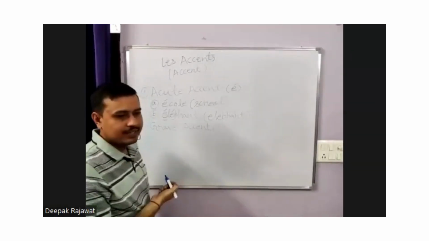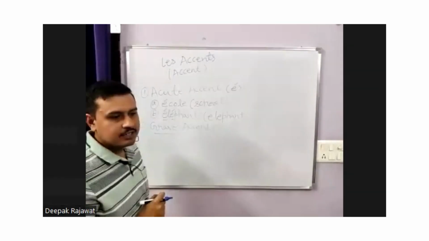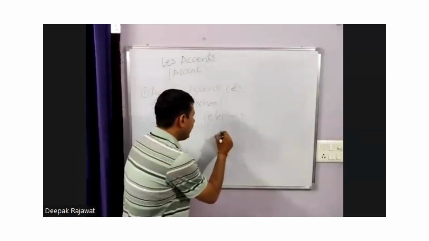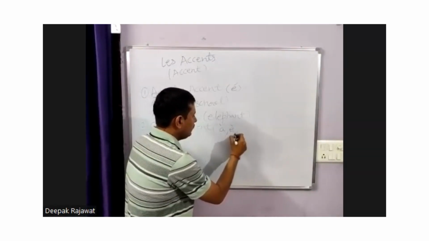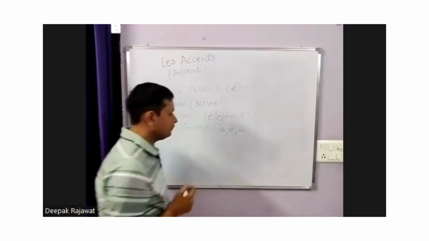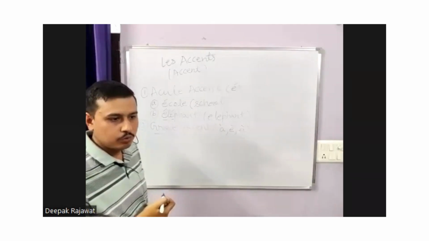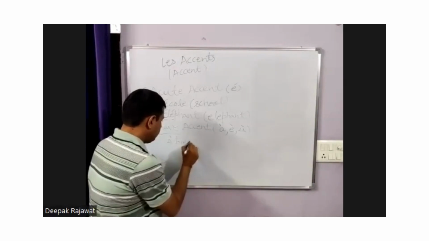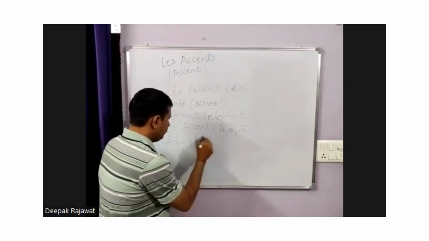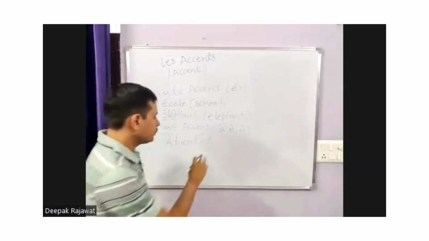So the name of the second accent is grave, and this grave we put on A, E, U. One word we have studied, do you recall? À bientôt. À bientôt is see you soon.